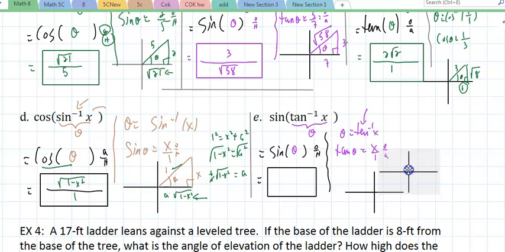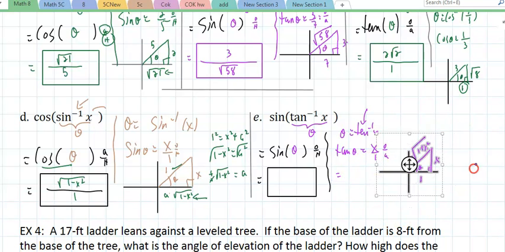And in my triangle, the opposite is x and the adjacent is 1. That makes the hypotenuse the square root of 1 plus x squared. The hypotenuse is always positive because it represents the radius of the circle. And what do I need out of this?